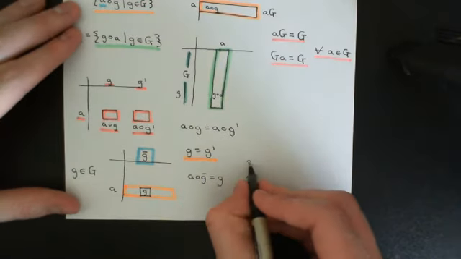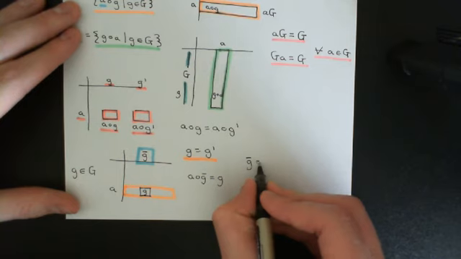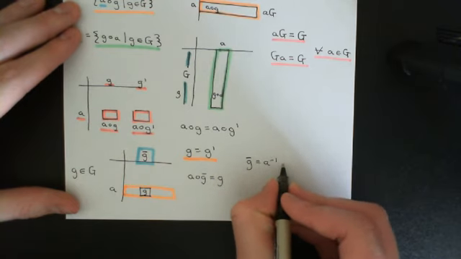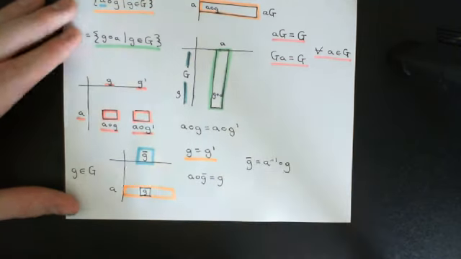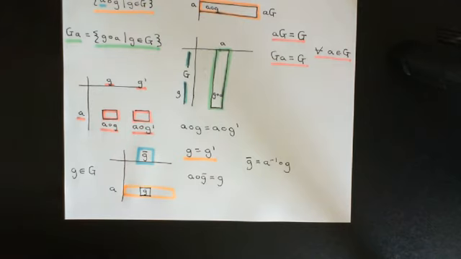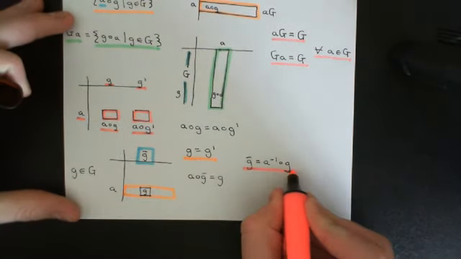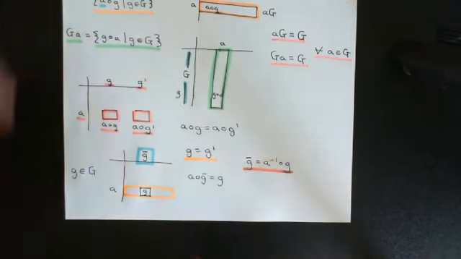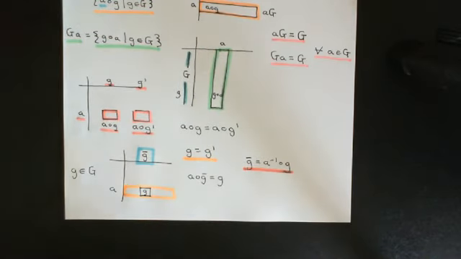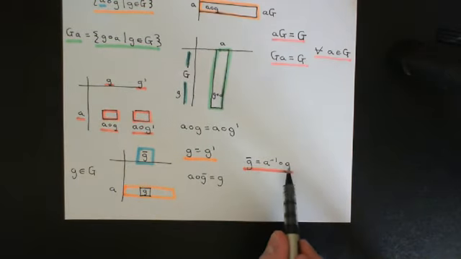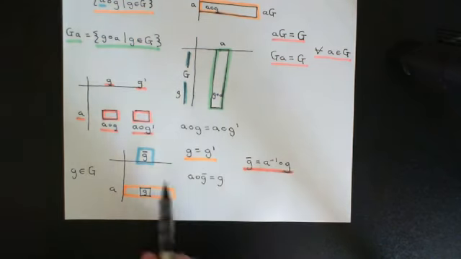So what do I then take for little g bar? Well, quite simply, here you go. Take little g bar equal to a inverse composed with little g. This is what I claim you can use as little g bar. Now little g is an element of the group, we know that because we assumed it.